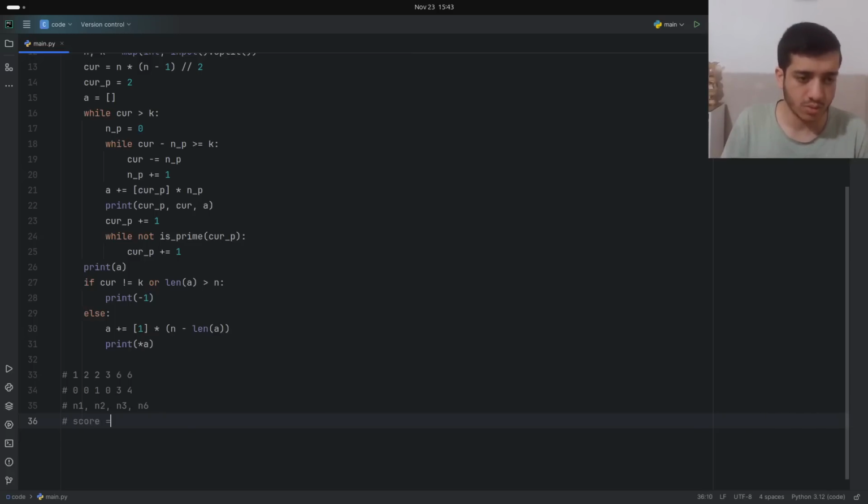The score is going to be n1 times (n1 minus 1) divided by 2 plus n2 times n1 plus n3 times n2 times (n1 plus n2), and that's it.